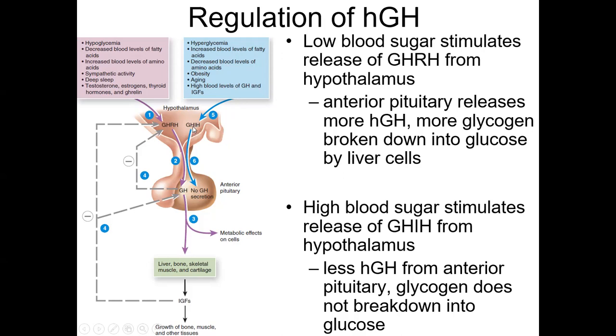This is a GHIH, growth hormone inhibitory hormone, and this blue arrow delivered to the anterior pituitary will stop growth hormone secretion. So this is how the hypothalamus, by measuring conditions in the blood, can adjust the working of the anterior pituitary as far as growth hormone production goes.